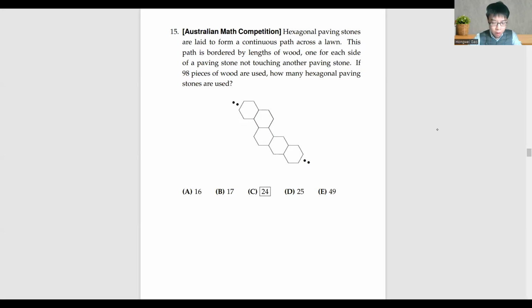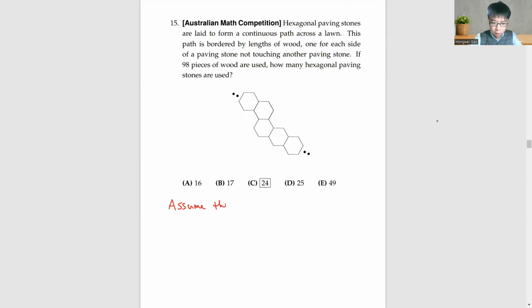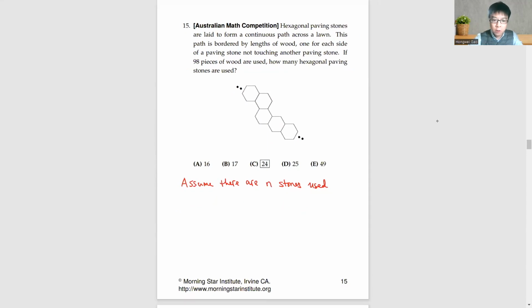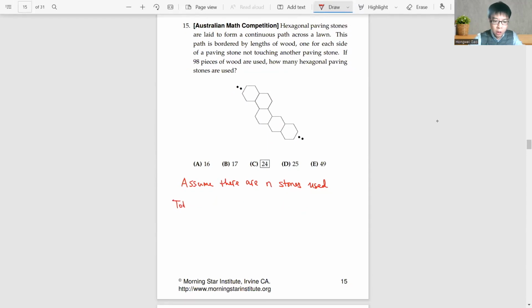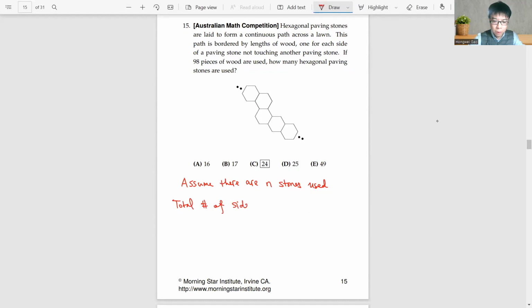Let's assume there are n stones used. And let's count how many woods are used. First, we know the total number of sides. That corresponds to 6 times n, because every stone has 6 sides.